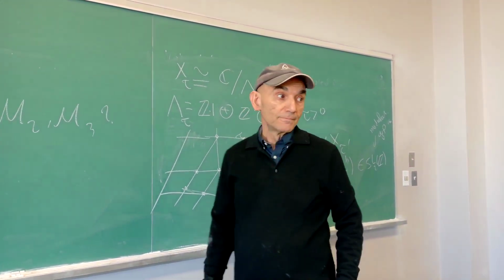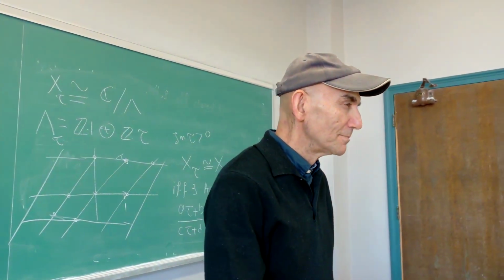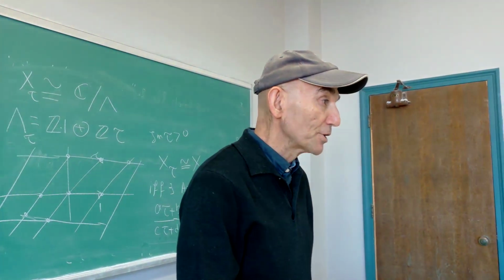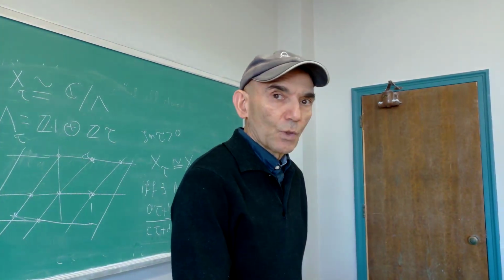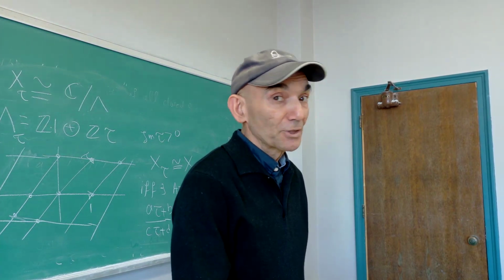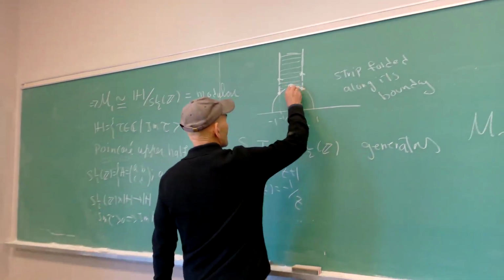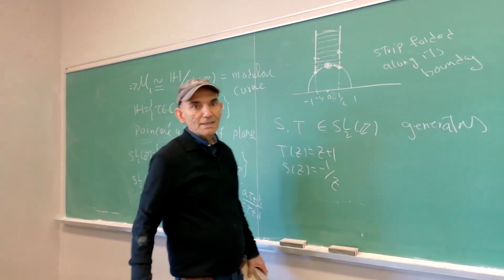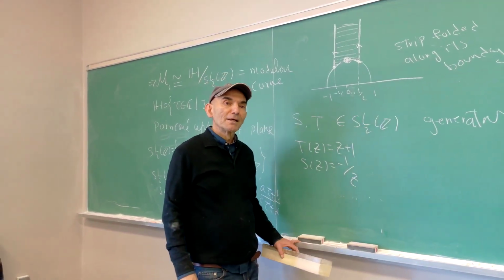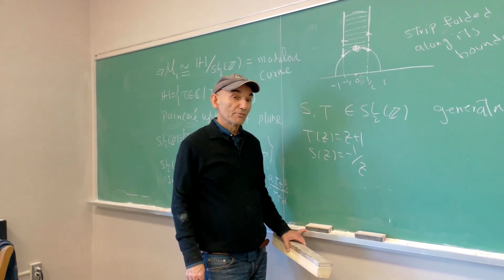Is this action of SL2Z on H special? Is it free, proper, anything like that? The action is not free. That's a good question. The action is not free because this point, the stabilizer of that point, is a subgroup of order 2, I believe.